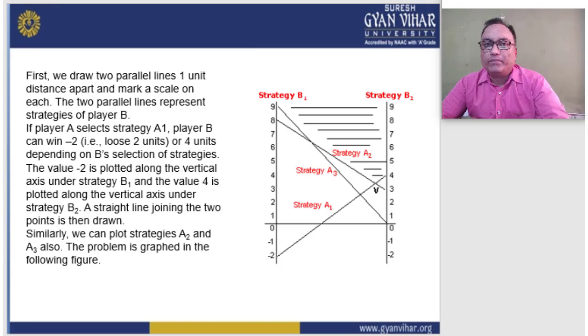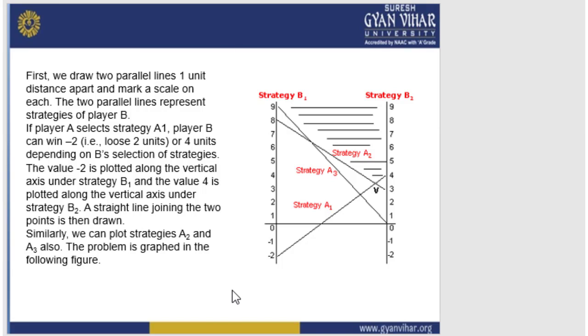Then we move to the next step and draw a scale on both lines. If any negative value is present, the scale goes to the negative side. If only positive values are present, the scale goes on the positive side only.